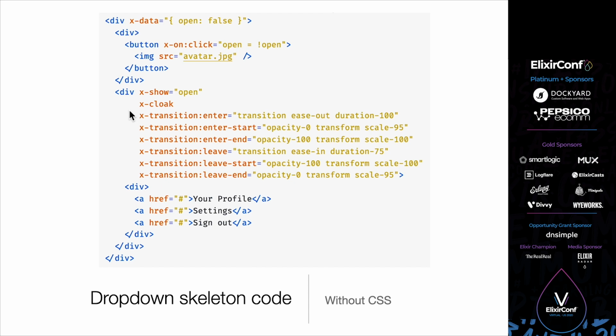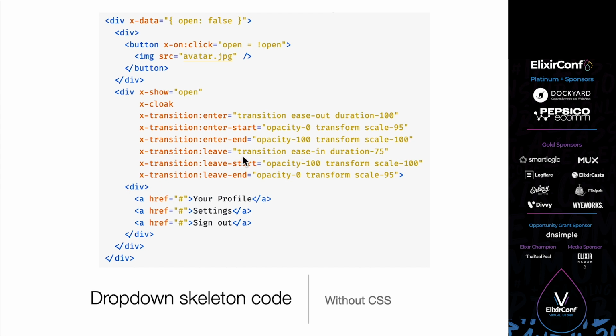And then we have a series of x-transition directives. We have the enter transitions and the leave transitions. So enter just sets up the transition. The timing function is ease out, and it has a duration of 100 milliseconds. And then on start and end, we transition the opacity from 0 to 100 and the scale from 95 to 100%.